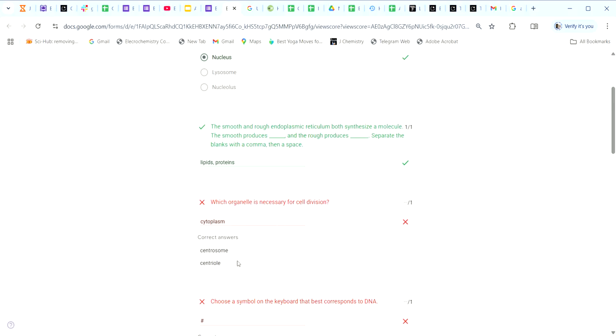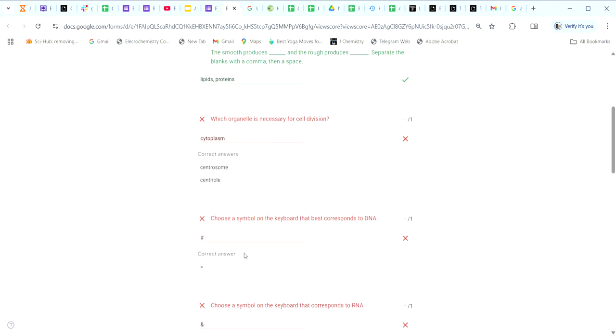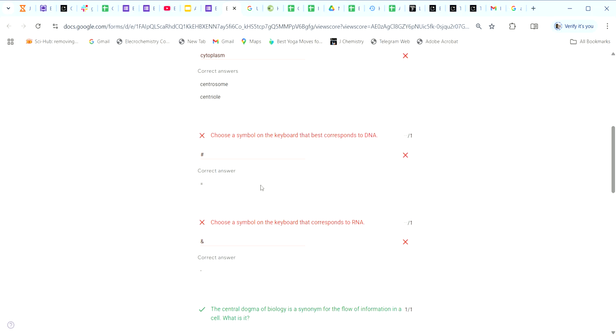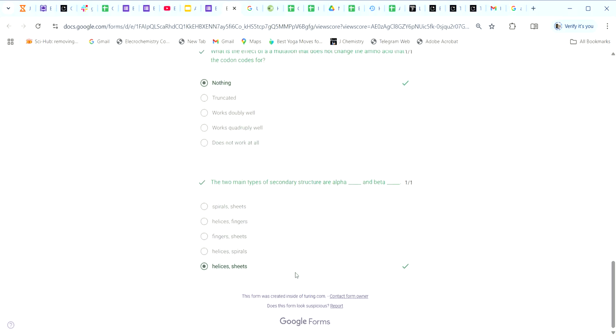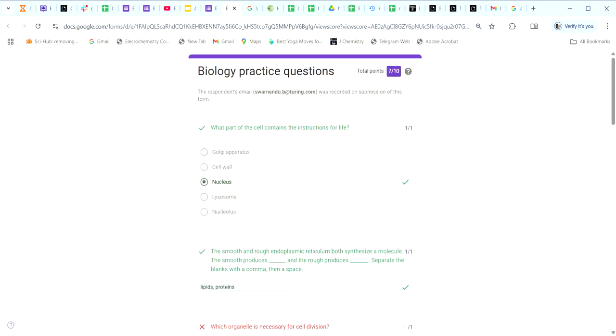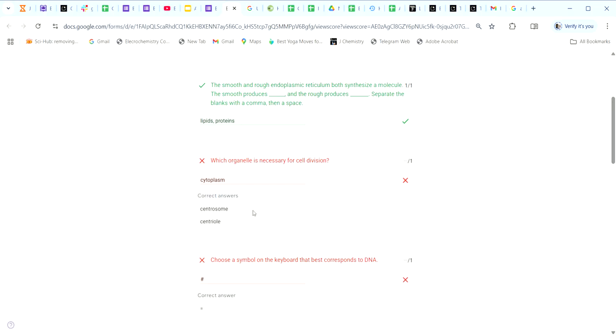Centrosome and centriole. Okay. Which organelle is necessary for cell division?